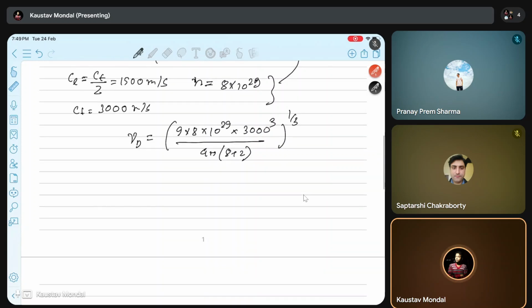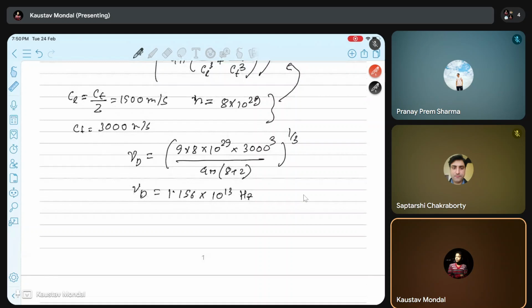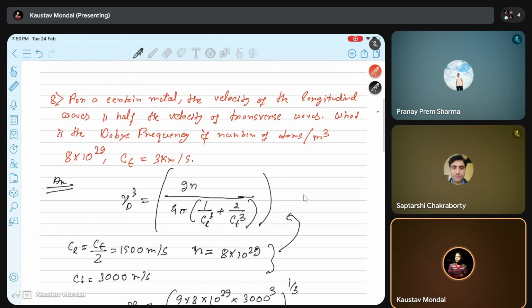So if you do the calculation, you will be getting nu d as 1.156 into 10 to the power 13 hertz. Okay, so this will be the Debye frequency for this problem.